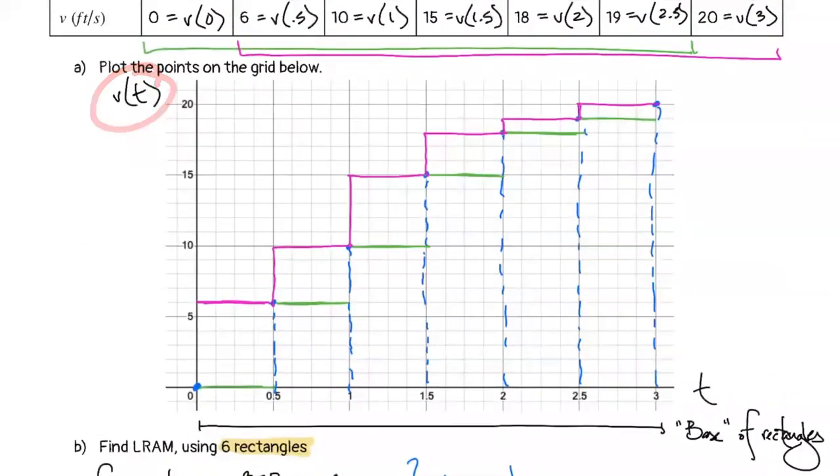Say something is traveling a bazillion miles, that might be really hard to measure, but if we can measure how fast something is moving, like a space shuttle, and we get markers in time for how fast it is going, we can say with pretty good accuracy, depending on how many rectangles we draw, how far that space shuttle traveled.